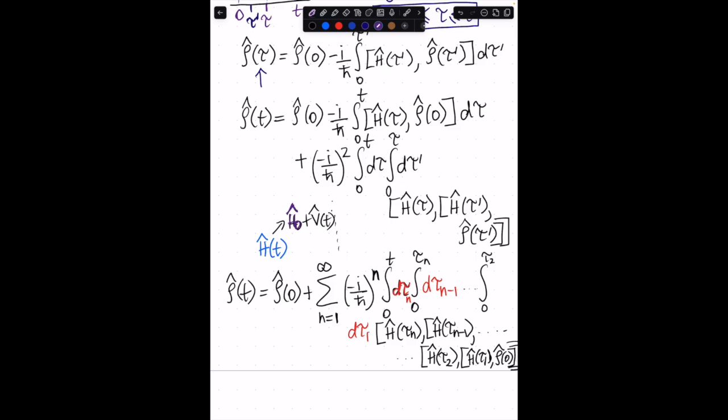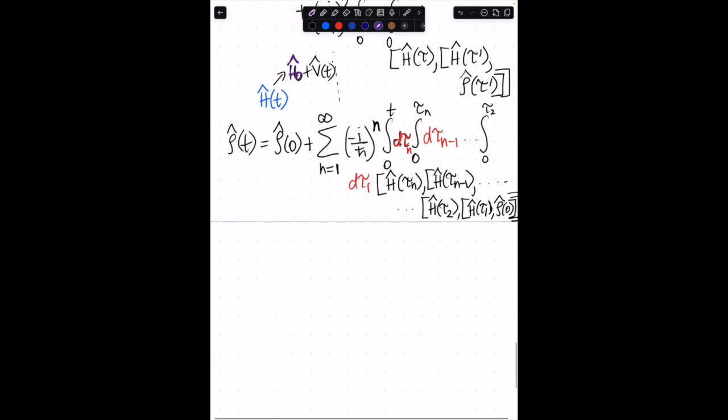So if this is also considered in the series, this series will diverge because the nth order term will have n Hamiltonians and the n minus 1th term will have n minus 1 Hamiltonians. As the series grows larger and larger, it will diverge.